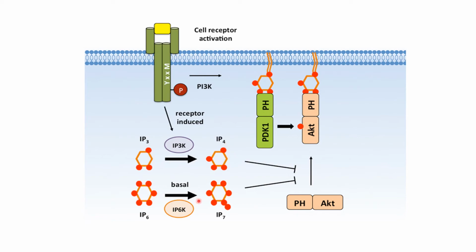Similarly, IP6 can be converted into IP7, and they have many other further functions, with AKT and PH, which are going to again bind with the phosphatidylinositol derivatives, and their further cascades depend upon the requirement of the cell. Either they are going to increase cell growth, or they may lead to apoptosis.